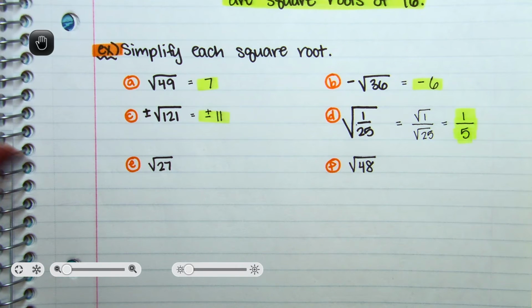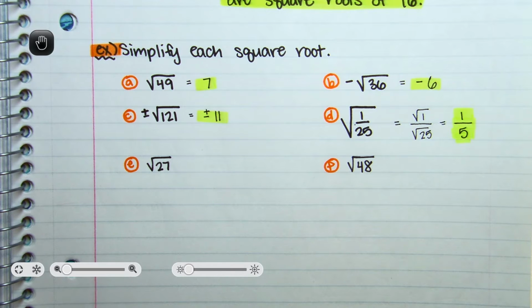All right, now these are the ones that I really want to focus on. The others are pretty straightforward. They're perfect squares, very straightforward. But these, 27 is not a perfect square. So let me write a little note for what we're going to do with these.